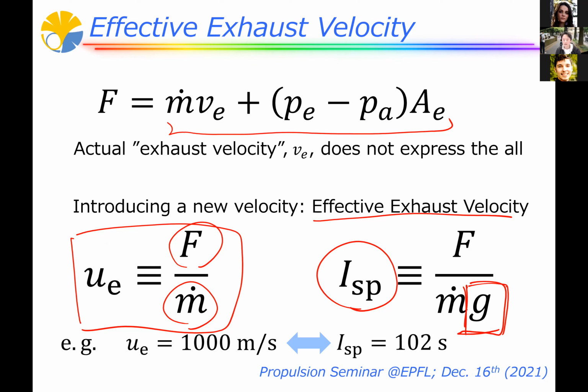So numerically, effective exhaust velocity and Isp differ by almost a factor of 10. Either way, you can express this effective exhaust velocity. So sometimes I use exhaust velocity and sometimes I use Isp. And the unit of Isp becomes seconds. It's a little bit tricky, but it's a custom.